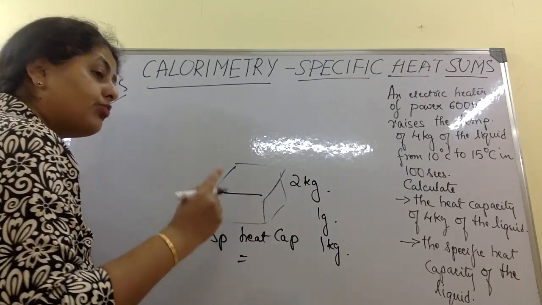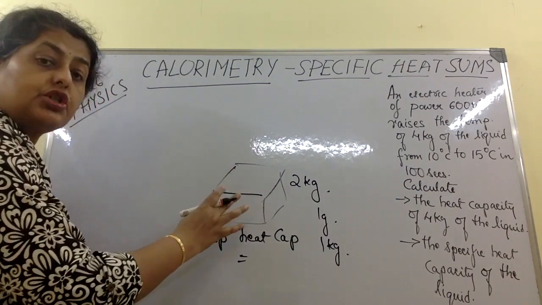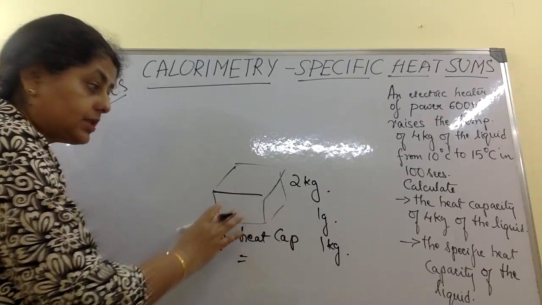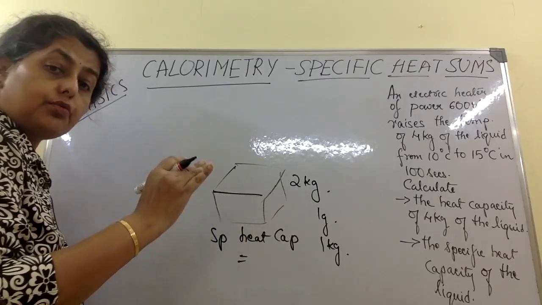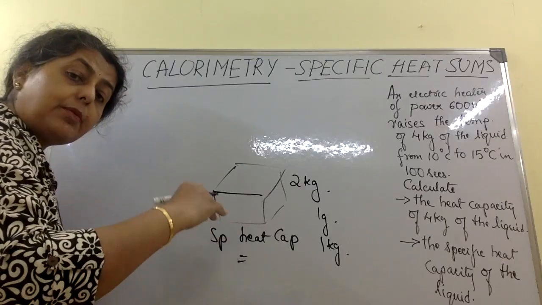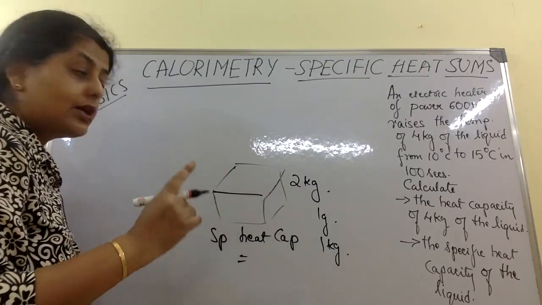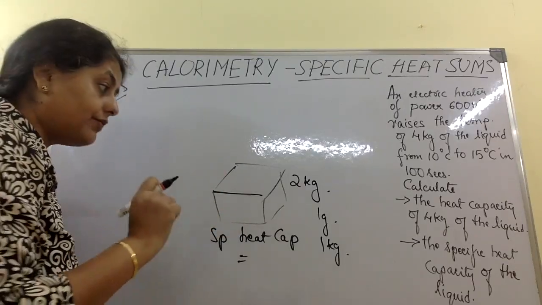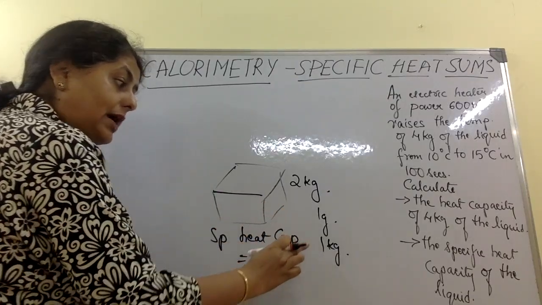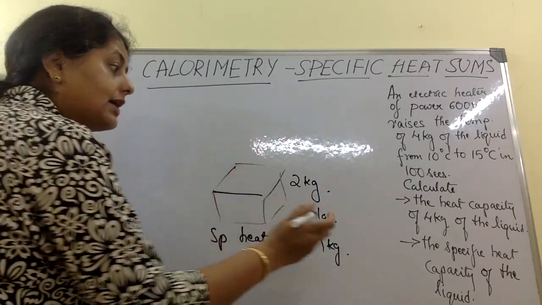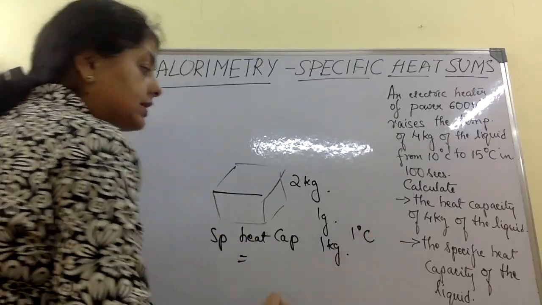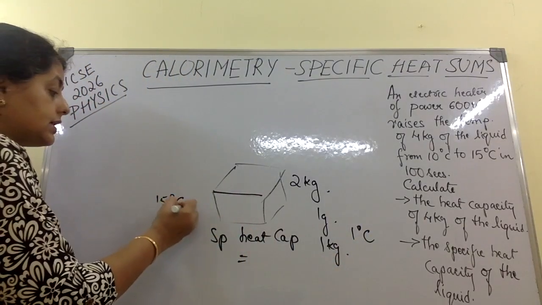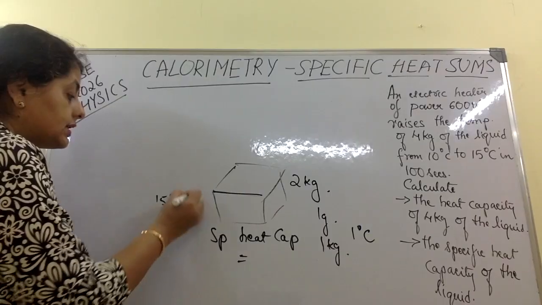Okay, so how much of heat is required to raise the temperature of 1 kg of this substance by 1 degree centigrade. So there are two ones here. The first one is either 1 gram or 1 kg, and the second one, in both cases, is 1 degree centigrade. Means if it is at 15 degrees centigrade, you have to make it at 16 degrees centigrade.